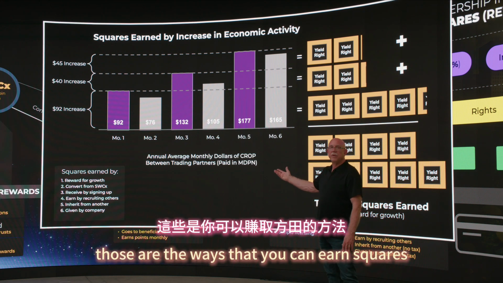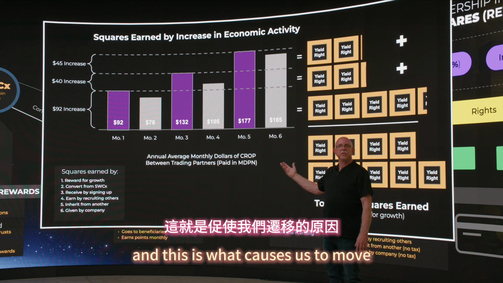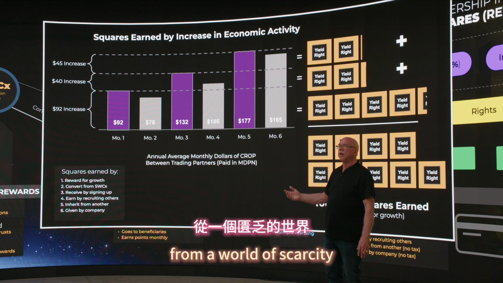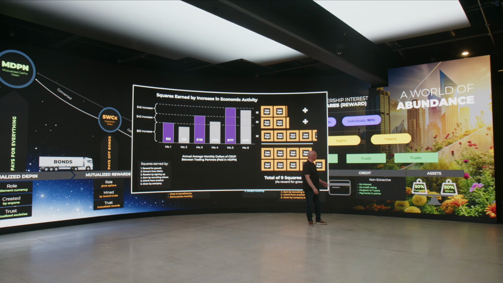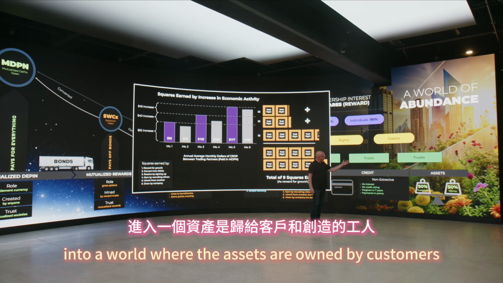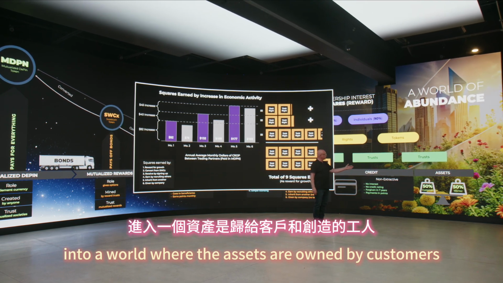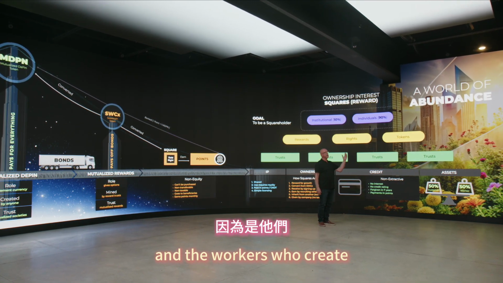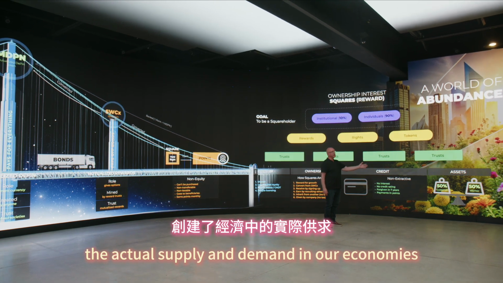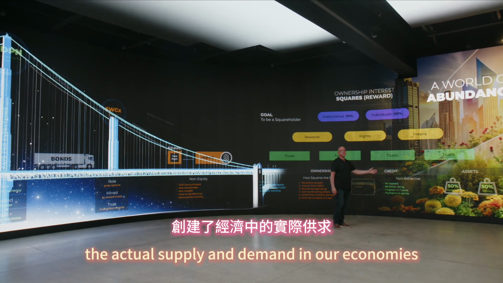Those are the ways that you can earn squares, and this is what causes us to move from a world of scarcity into a world where the assets are owned by customers and the workers who create the actual supply and demand in our economies.